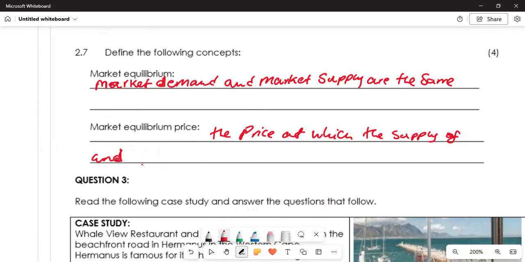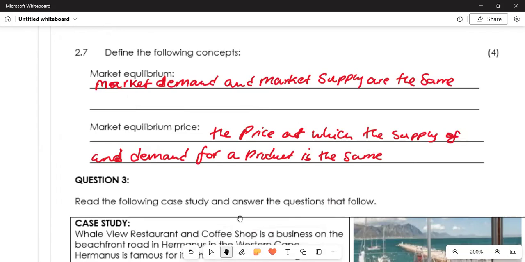We're saying the price at which the supply and demand for a product is the same. So that is all about question 2.